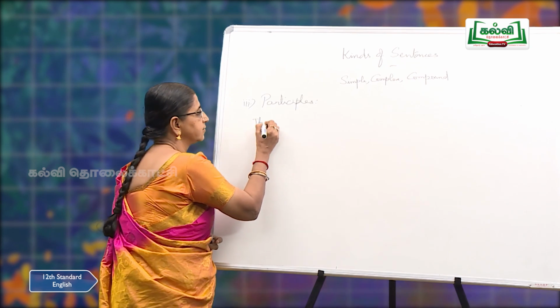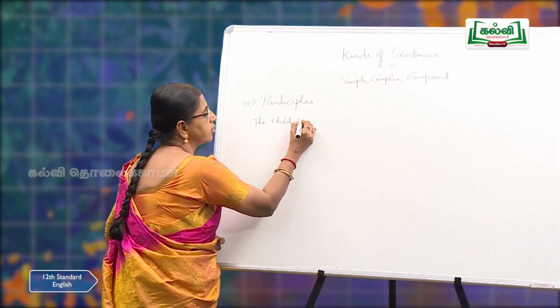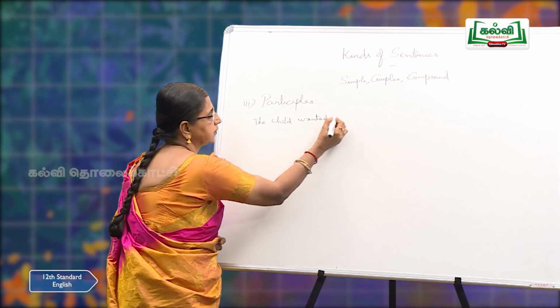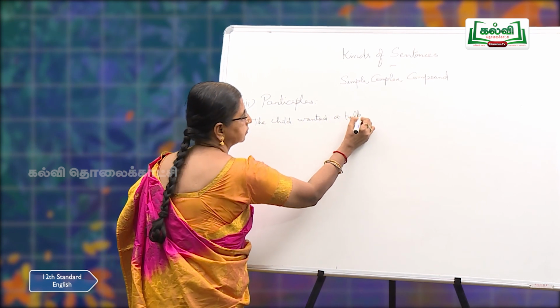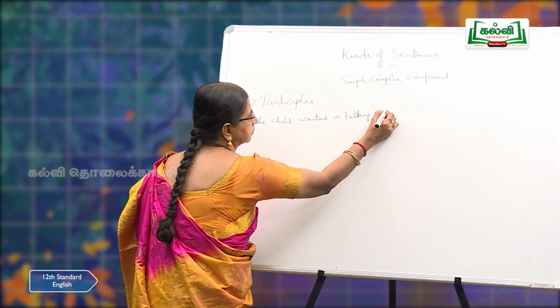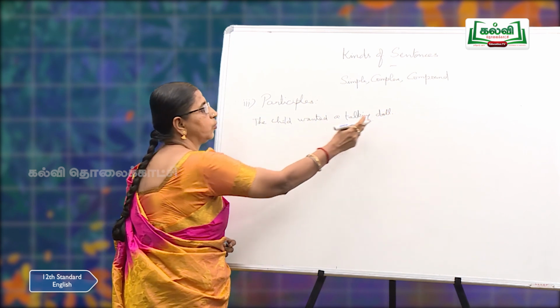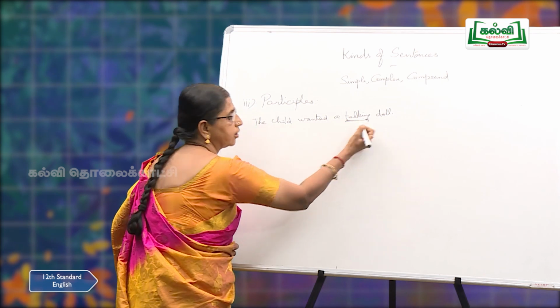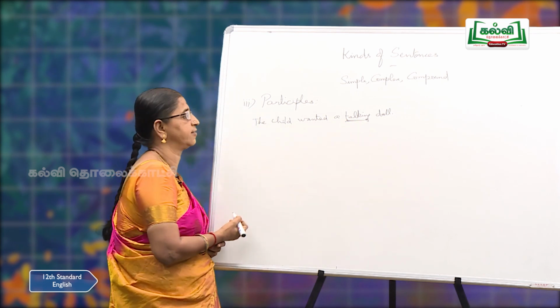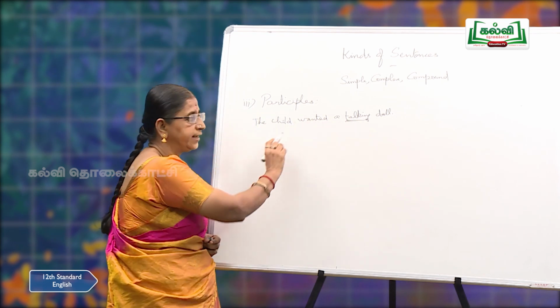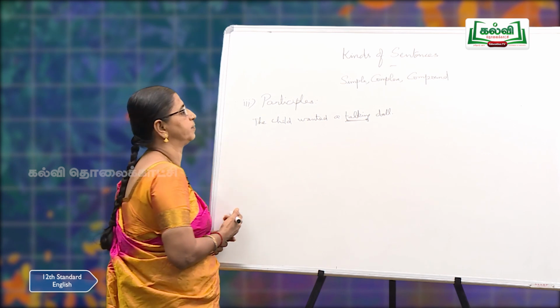The child wanted a talking doll. Now, the child wanted a talking doll. What kind of doll? Talking doll. So, this is your present participle. Verb plus ing, here it makes it a present participle.